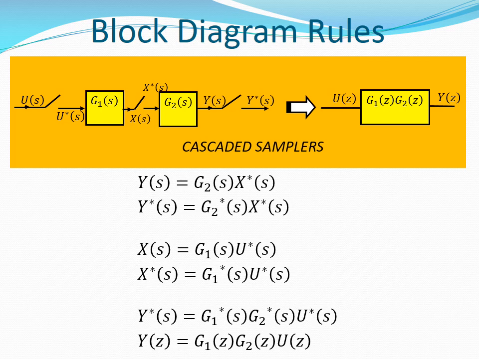Using an example with two cascaded samplers, the equivalent Z domain block diagram is the Z transform block G1(z)G2(z). The notation G1(z)G2(z) is used to show that we obtain the Z transfer functions of the processes independently. Please note the difference in notation between cascaded samplers and cascaded processes.